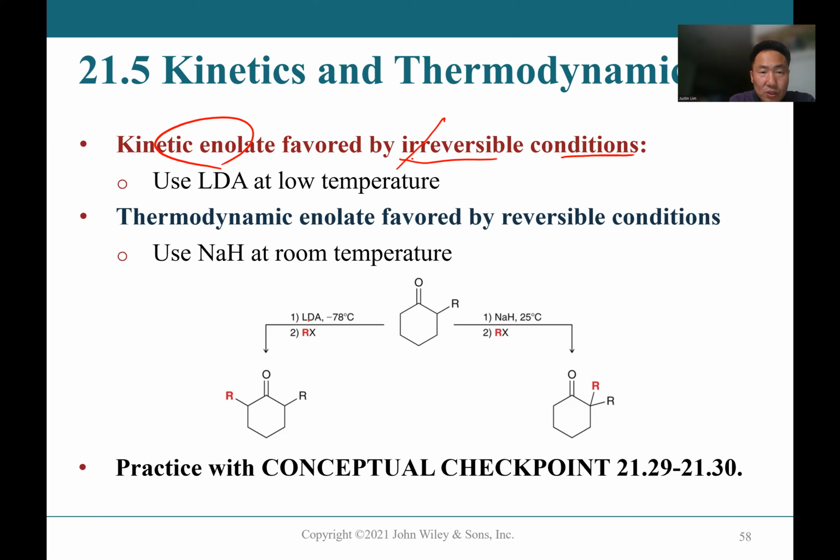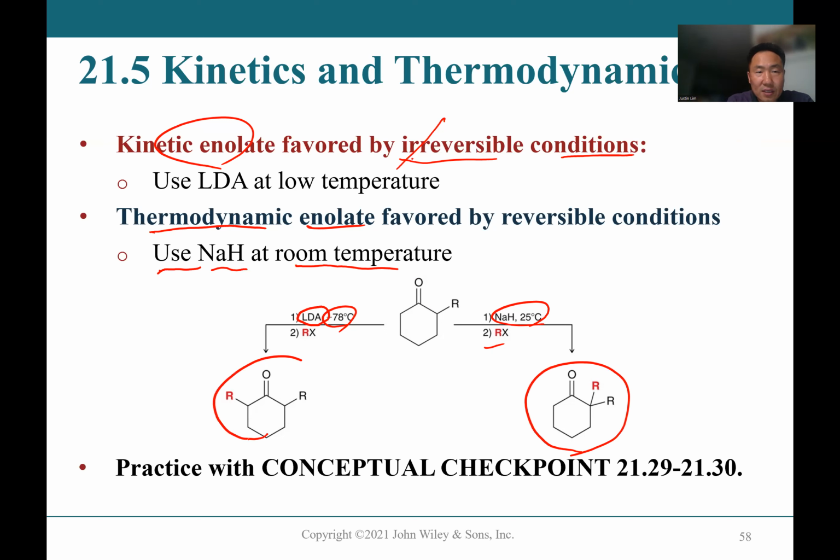You can use lithium diisopropylamide at low temperature. You can use sodium hydride at room temperature to get the thermodynamic enolate. So this is the thermodynamic enolate. This is the kinetic enolate product.